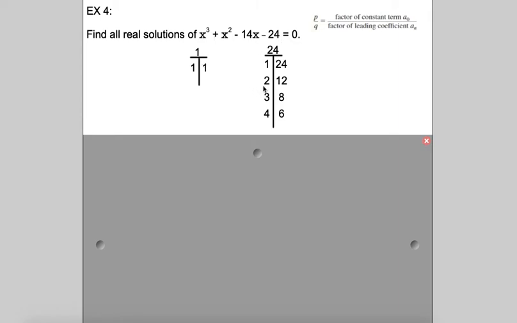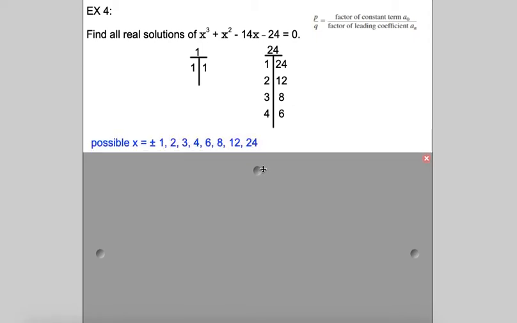So 1 over 1 is 1 because it says factors of the constant. So factors of the last over factors of the first. 1 over 1 is 1, 2 over 1 is 2, 3 over 1 is 3, 4 over 1 is 4, 6 over 1 is 6, 8 over 1 is 8, 12 over 1 is 12, 24 over 1 is 24.